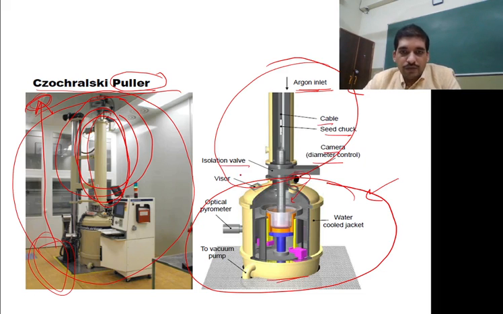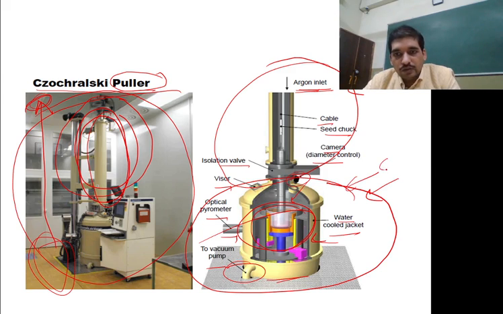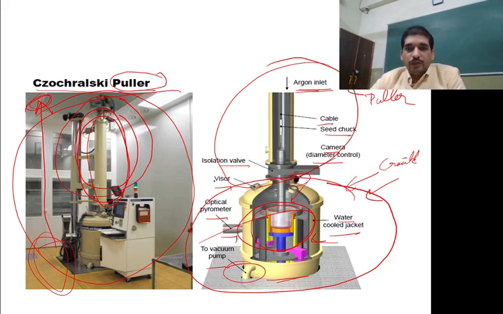Isolation valve, visor, optical pyrometer, vacuum pump, and water cooled jacket for this crucible furnace. As I said, there are two main portions you can see here: the crucible inside the furnace, and the puller mechanism, which pulls this silicon ingot continuously upwards as it is forming.